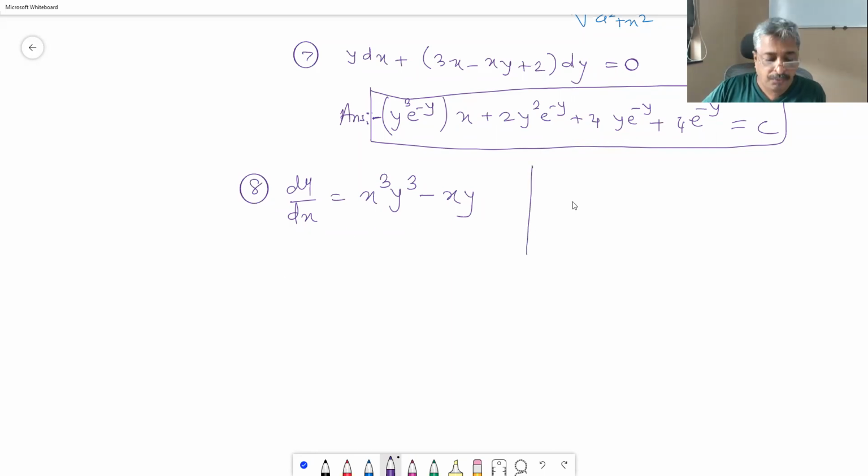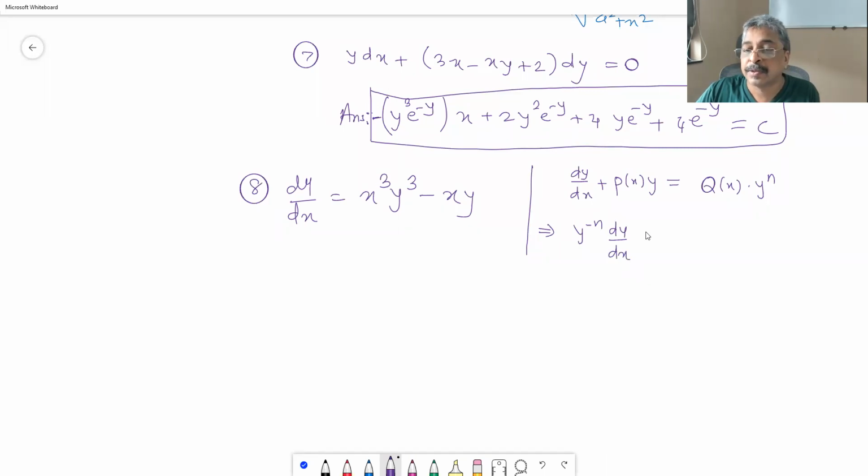So, if we have an expression of the kind dy by dx plus p of x times y is equal to q of x into y raised to n, then how do we go about it? Divide by y raised to n everywhere. y raised to minus n dy by dx plus p of x times y raised to 1 minus n is equal to q of x. Put y raised to 1 minus n is equal to t.